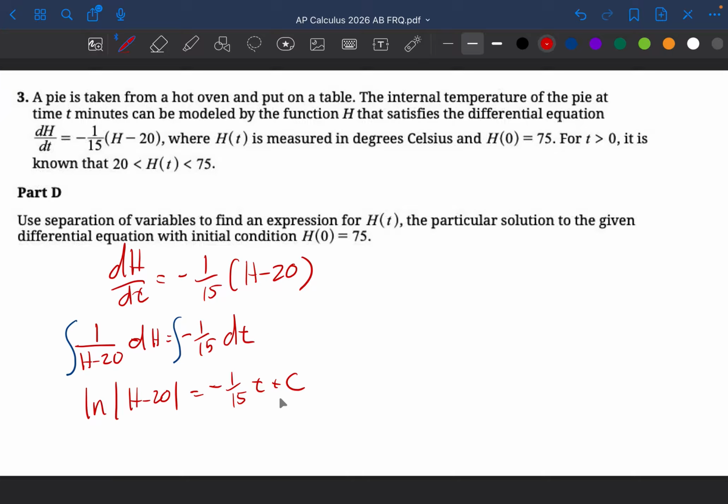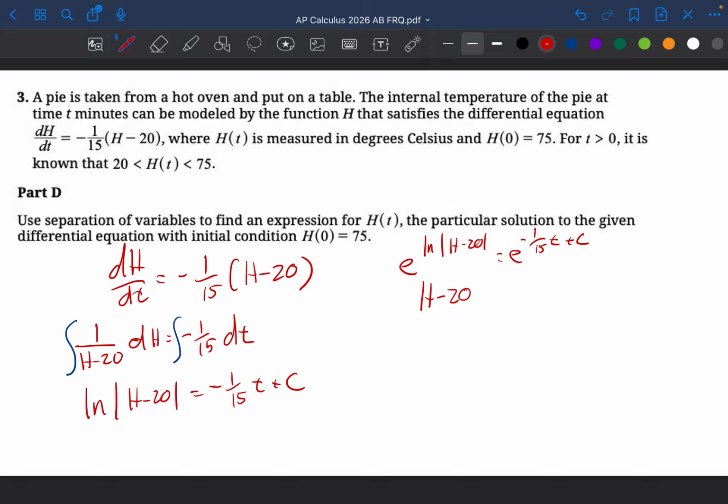Now I'm going to wait to figure out the constant c. Oftentimes people will try to find it here, but I'm just going to leave it for now. So next, I'm going to raise both sides to the e. On the left, the e and the ln cancel, leaving h minus 20.